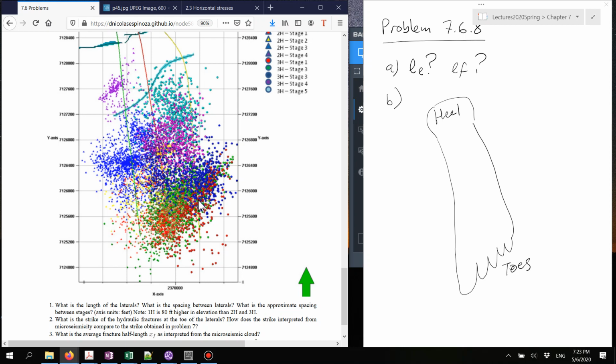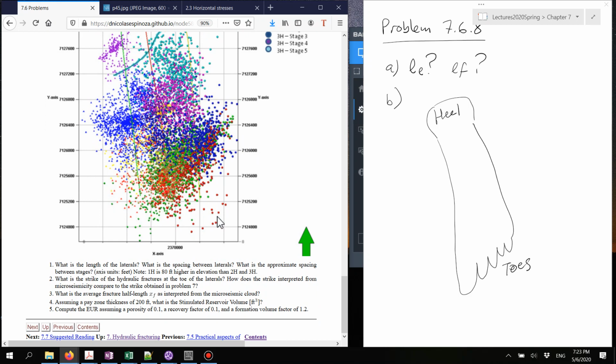And notice in this case that it doesn't have to be symmetric, right? Because it looks like it's growing more towards the southwest direction than towards the northeast. In reality, many of these fractures are not symmetric, and this is the case that you can see in here. So just give me an approximation of more or less what is the interpreted half length out of this microseismic volume.